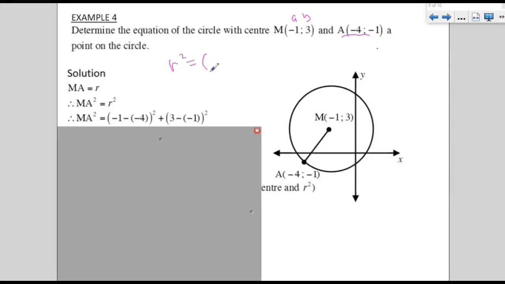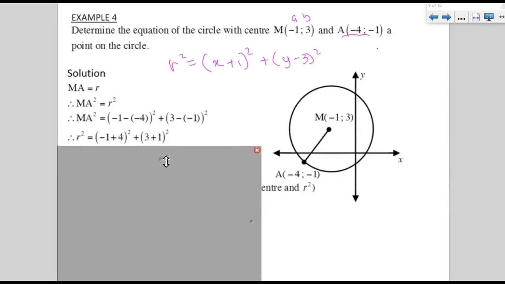R squared is equal to x plus 1 squared plus y minus 3 squared, directly from there, and then substitute your given point. So your point is A, which is minus 4 and minus 1.